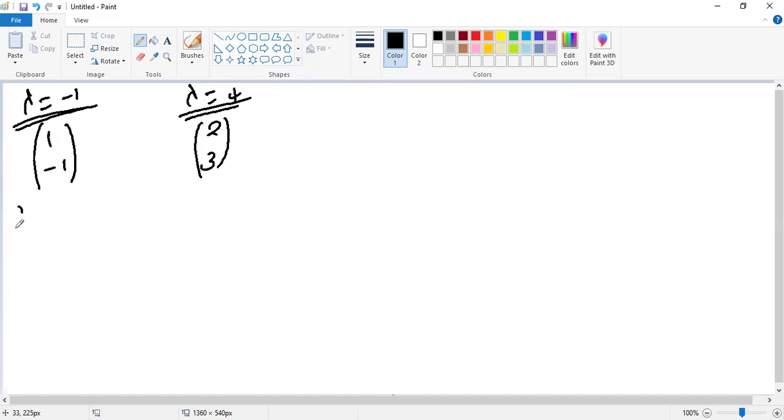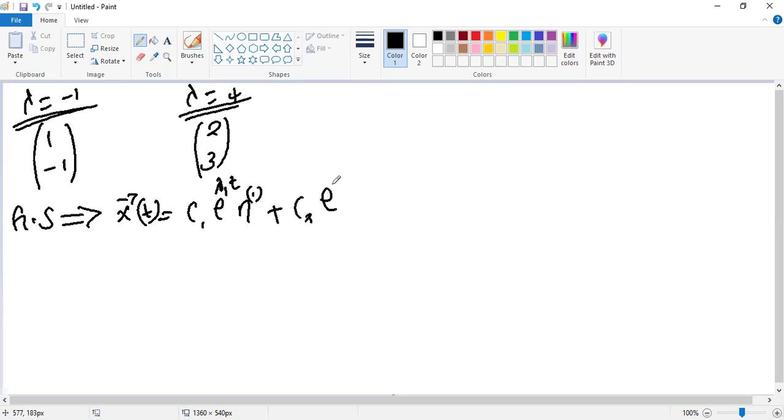And we said the general solution is given how? We said the general solution is given as x(t) is equal to C1 exponential lambda 1 t N1 plus C2 exponential lambda 2 t of N2. That's how we said we get our general solution.